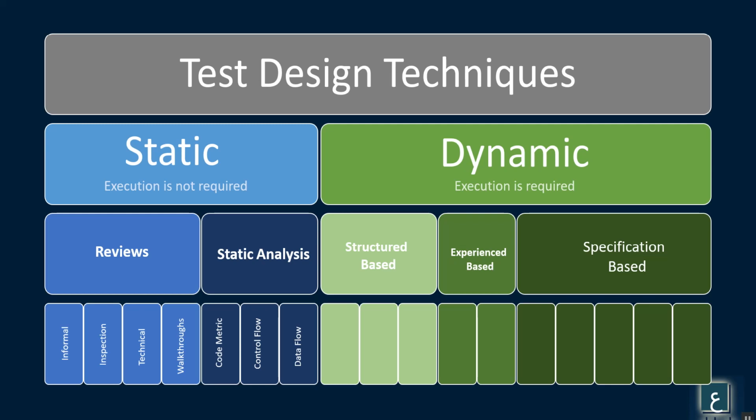So in dynamic there are these 3 types of testing: structure based, experience based, and specification based. Specification based means all testing present inside specification based must have some document or specification as the starting point.